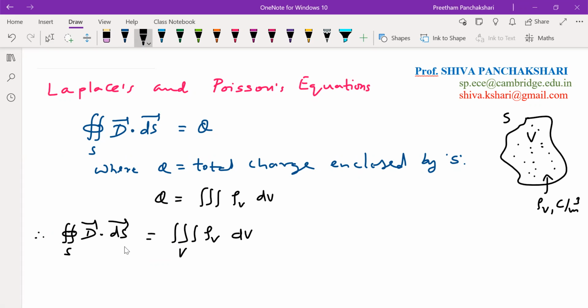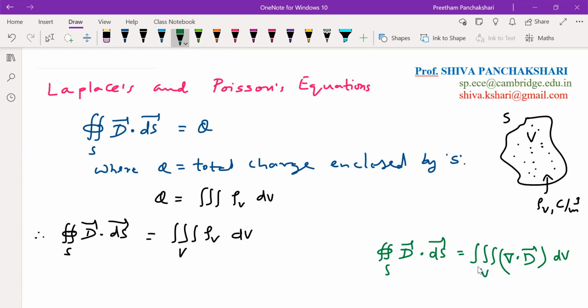We know that divergence theorem is used to convert a closed surface integral to volume integral and vice versa. That is, the divergence theorem in D is given by surface integral of D over a closed surface S is always equal to volume integral of divergence of D throughout the volume.